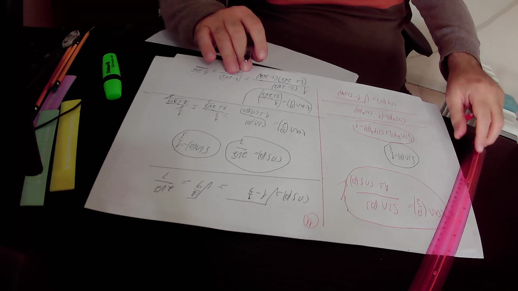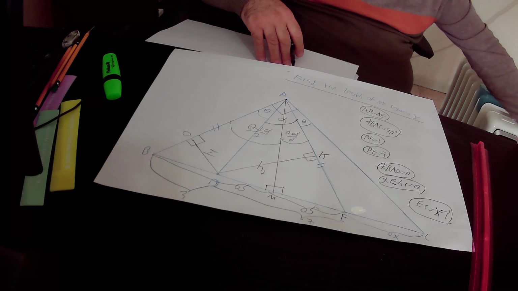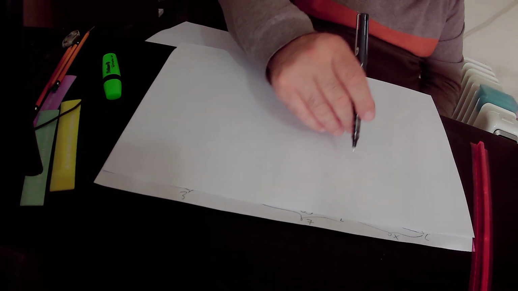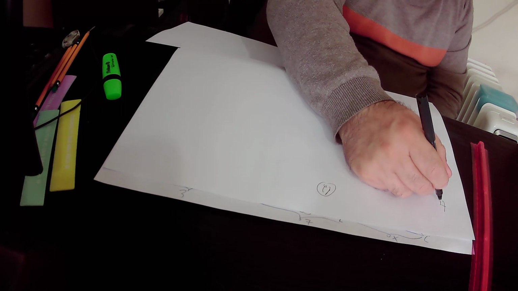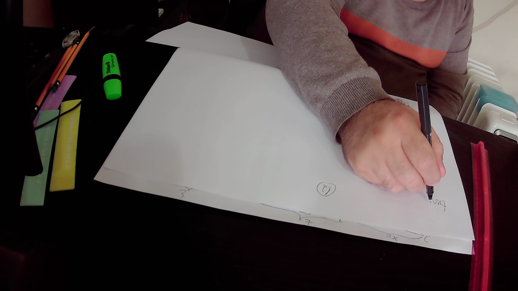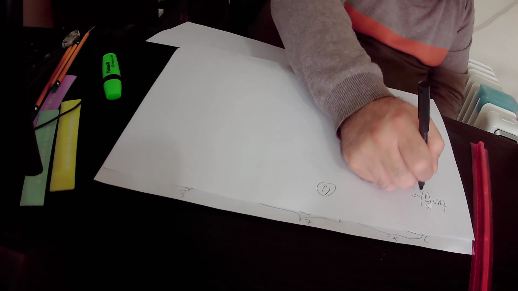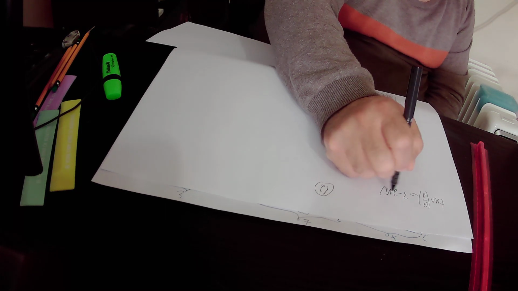So in conclusion, we can write down that the value of tangent theta over 2, according to what we have already found out, equals 3 minus 2 times square root of 2.